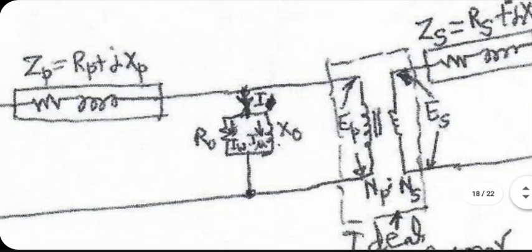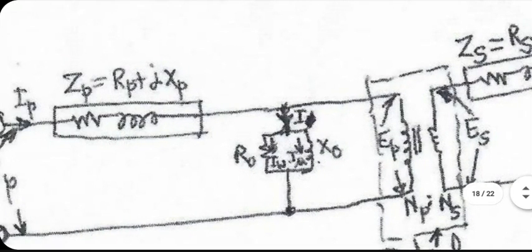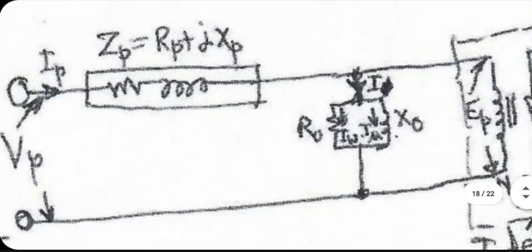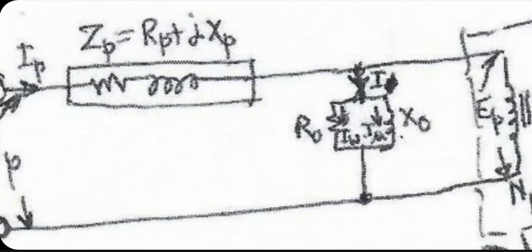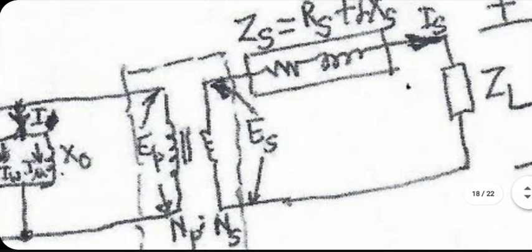Core doesn't stop working. Even if Is is 0, that will only mean that the current on the right hand side of the parallel circuit will not be there, but from the left hand side, some current will have to be supplied to keep the core going. Okay. So I phi is the core magnetization current, which would always be there, no matter whether the load is high or low or not there.